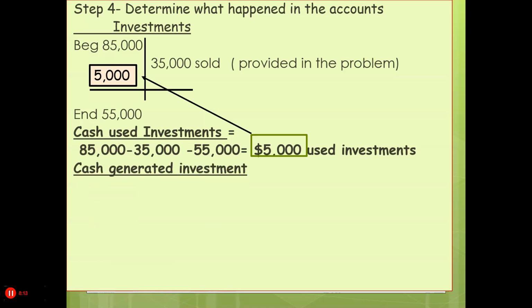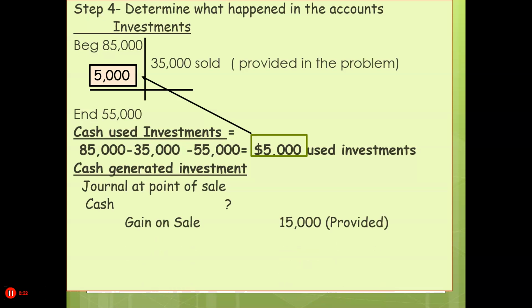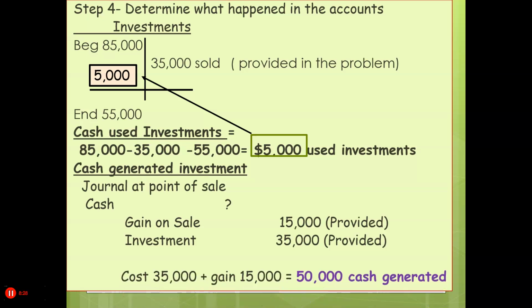Now, for cash generated from investments, I always like to use the journal. That's the approach I use. So, I know that I had a gain of $15,000. It was provided. I know the investment was purchased at $35,000. So, therefore, the cash generated would be $50,000.